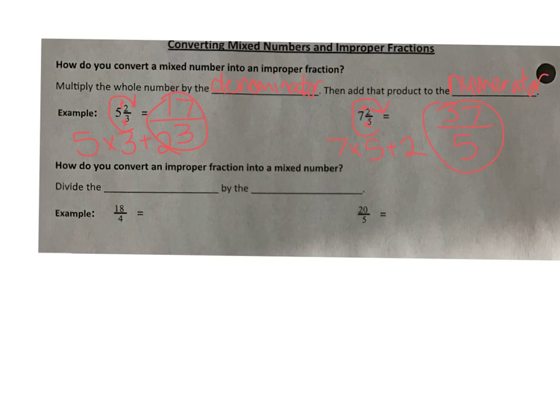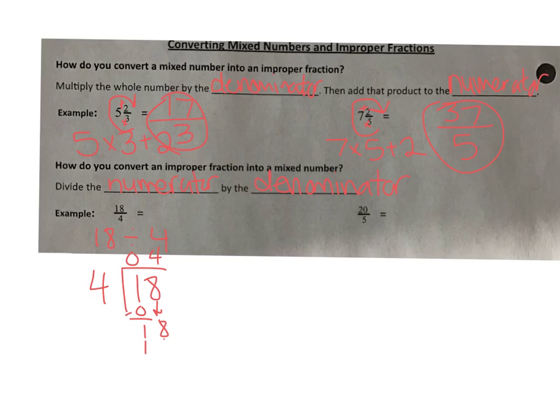Okay, so for the next one, we're going to divide the numerator by the denominator. So I always say you back bend or you cartwheel. So really what you do is 18 divided by 4. So 18 goes in the house, it's your dividend, divided by 4. How many times does 4 go into 18?